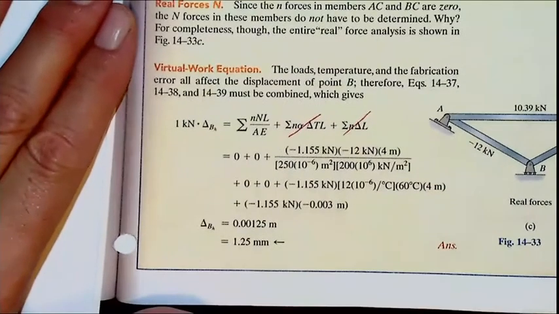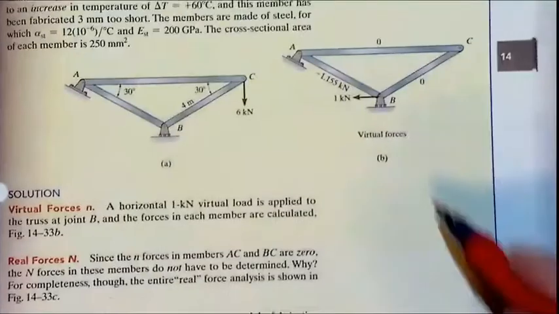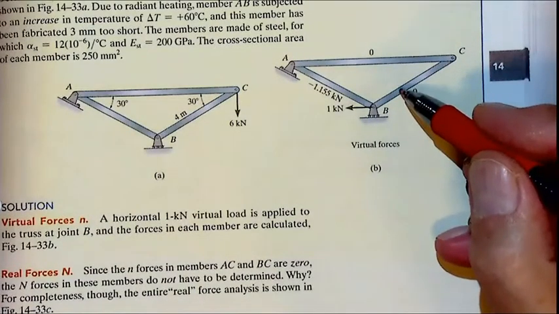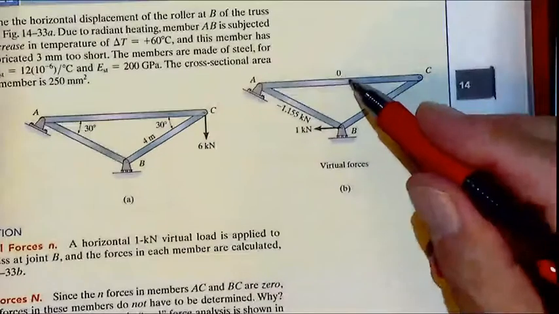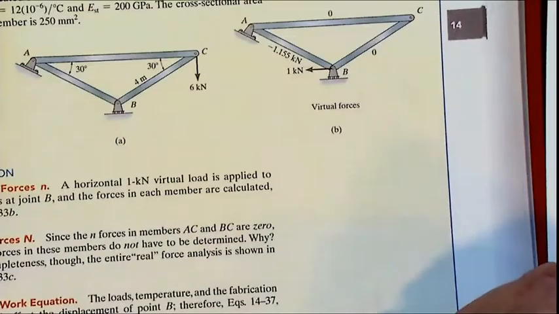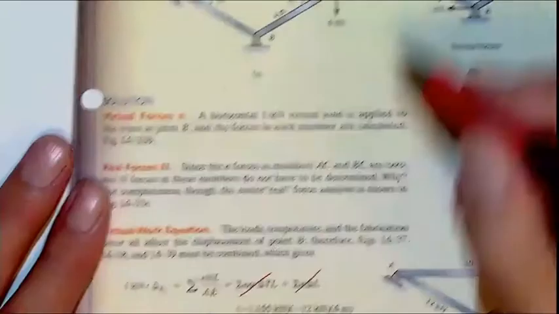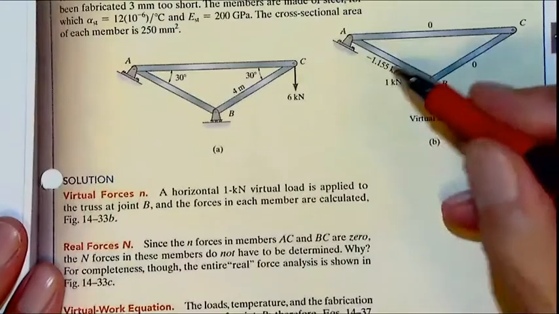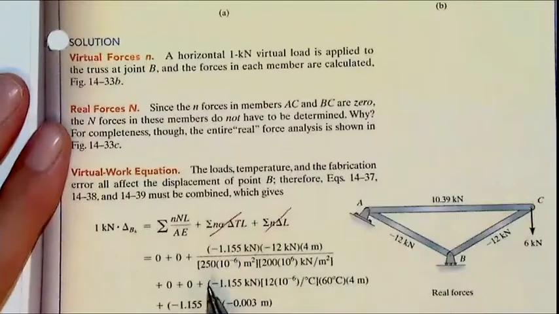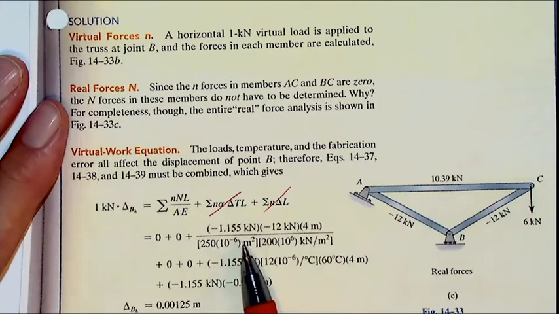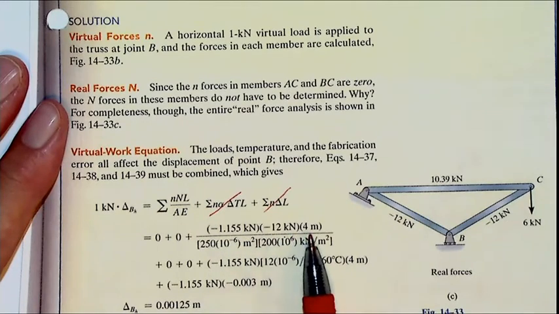Then we get, look please, the first two members here, there is 0. So these two members are not important. When I multiply this by this it is 0. This by this is 0. So only one term will be here. This times this: minus 1.155 times minus 12. Length is 4 meters. Okay?